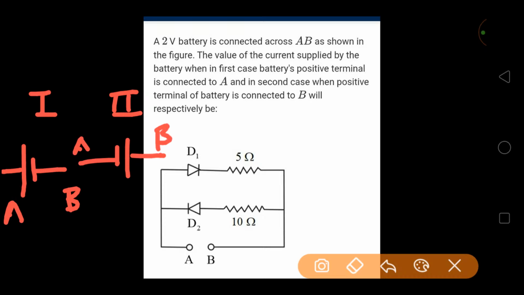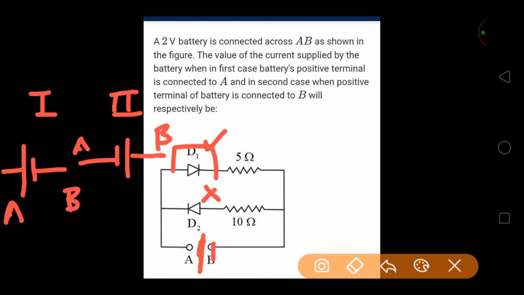So take case 1. If I connect it like this, this is positive, this is negative. So this diode is forward biased, but this one is reverse biased. Reverse biased means it is off, open circuited. Forward bias means you have to short circuit it, since it is an ideal diode.